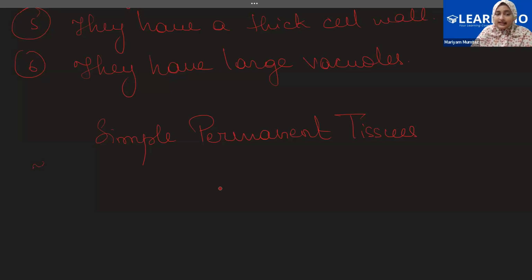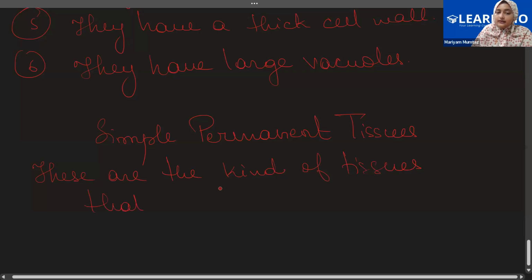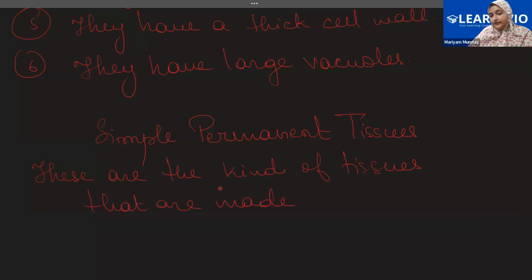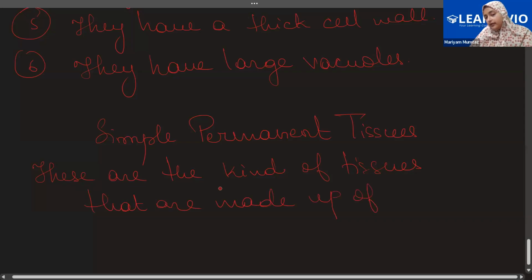So we'll write, these are the kinds of tissues that are made up of only one type of cells.